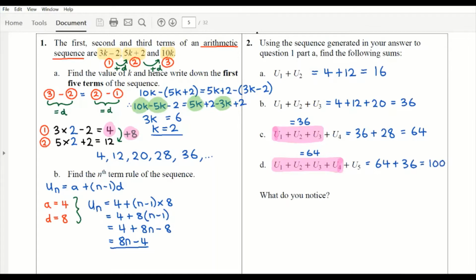Okay. Well, that's a nice number. Okay. What do you notice? Well, if you know anything about square numbers, I think it's obvious, isn't it? These are all square numbers. Okay. So let's just make a note of that.